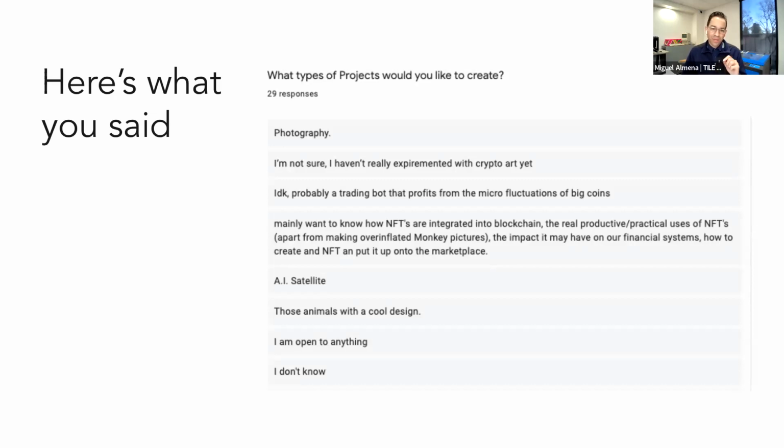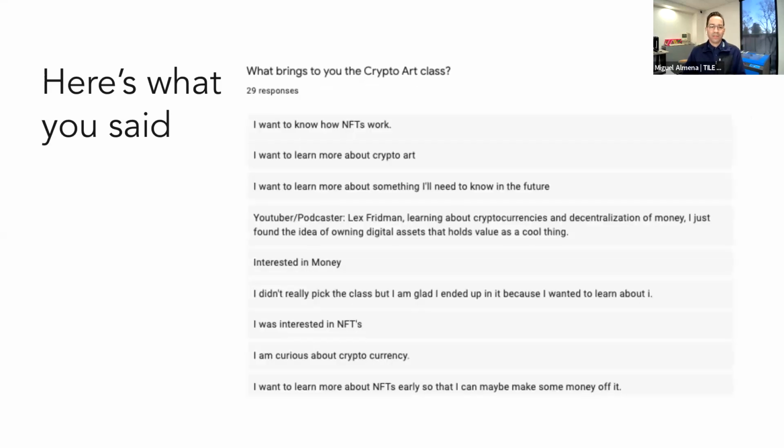So sorry, we're not going to cover trading bots, but we can look into it for a future class. You wanted to know how NFTs are integrated into the blockchain and their impact on financial systems, AI, satellites, animals with cool designs. Someone said, I'm open to anything, I don't know what I want to create. So, a lot of heavy coding, a lot of just creating the art. We won't get into the coding aspects, but we will get into a potential way for the computer to automate multiple pieces of art that can be created.